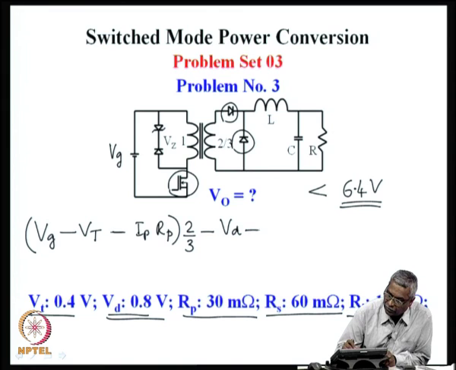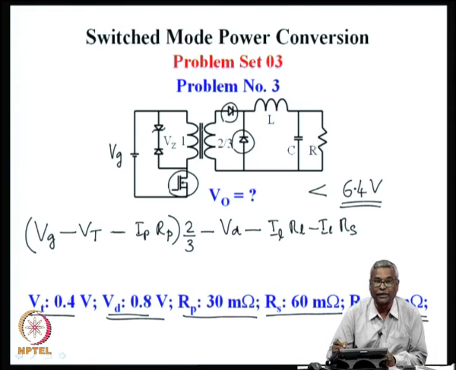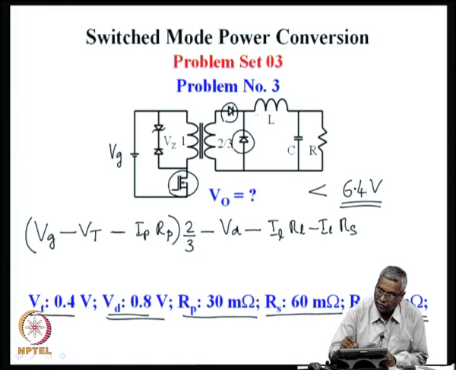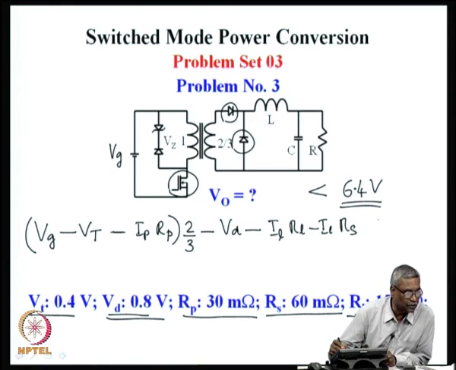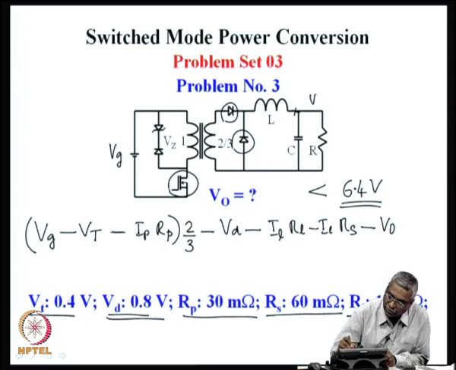Then after that there is the secondary current IL into RL, which is a drop in this inductor, and similarly IL into RS is a voltage drop in the secondary. All these drops contribute, minus V naught, which is the voltage at this point.